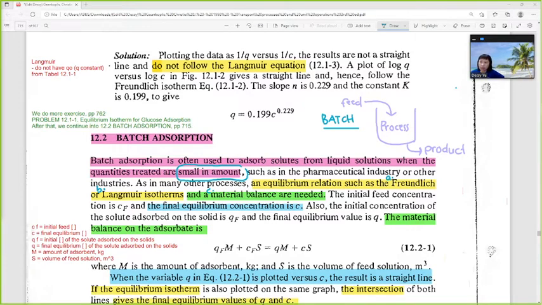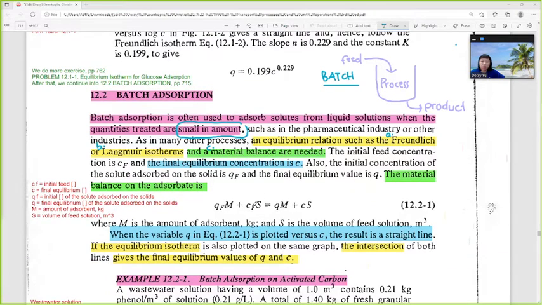Here, in batch absorption, we will involve the material balance. The material balance you can see in equation 12.2-1.